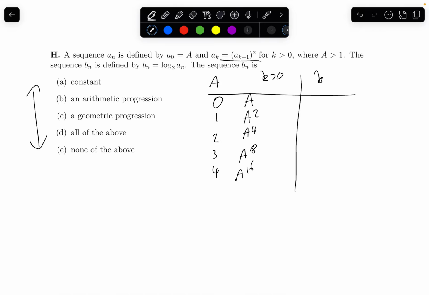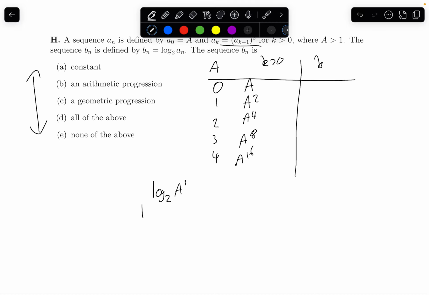So B is log 2 of a to the n. So log 2 of a is just a number. Well, there's log 2 of a, log 2 of a squared, log 2 of a to the 4.